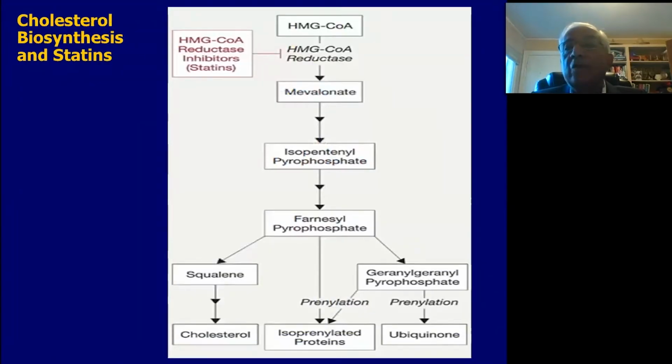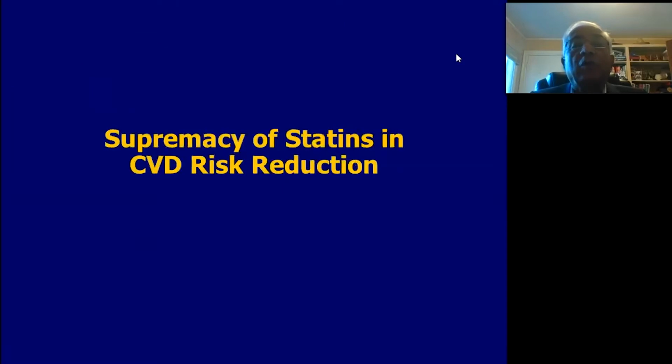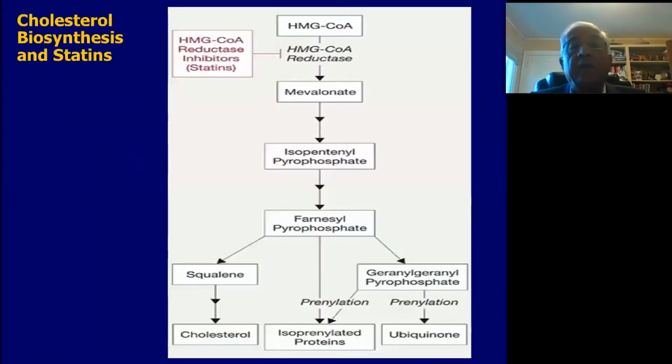Now, very quickly, I just want to say that there is an enzyme called HMG-CoA reductase, which is the key rate-limiting enzyme in the process of cholesterol synthesis. Cholesterol synthesis is a very complicated process.